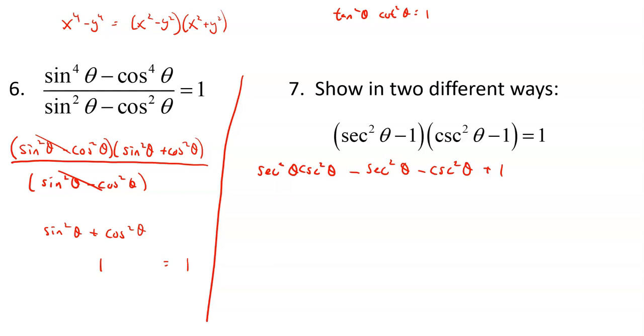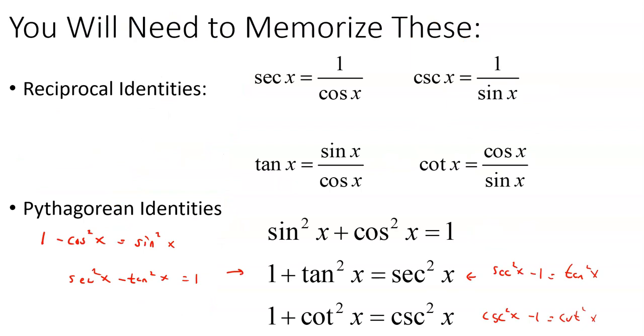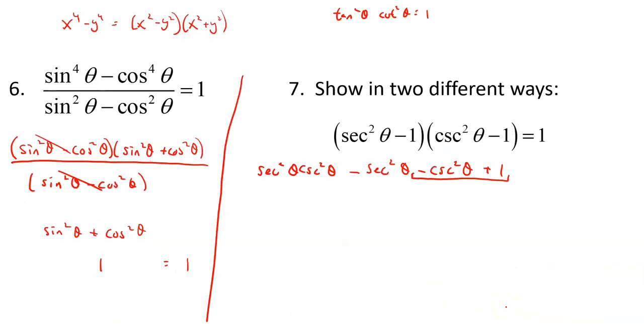So the first two terms both have secant squared in them. The third term has a cosecant squared. Maybe I can do something with that cosecant squared. So I've got here a negative cosecant squared plus 1. What can I do with that? Well, you notice that I got cosecant squared minus 1 equals cotan squared, which is kind of what I want, except not really, in that what I have here is a negative cosecant squared and a positive 1.